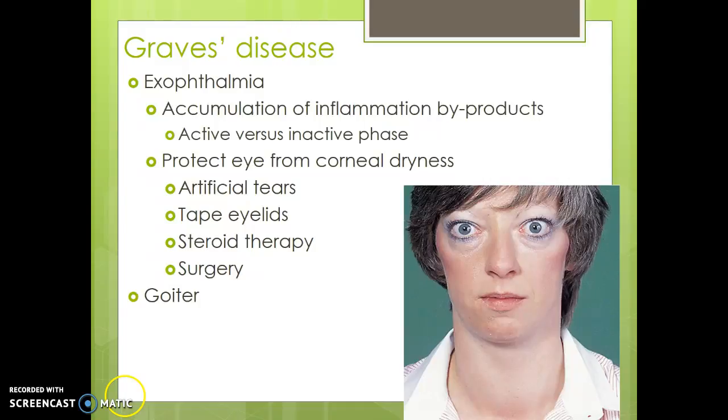Graves' disease also causes exophthalmia, which is a condition where inflammation byproducts from this huge inflammation that takes place in your body deposit themselves with pressure behind and around the eyes, and so you get these huge bulging eyeballs that are very easily noted on assessment. This may be in an active versus an inactive phase.